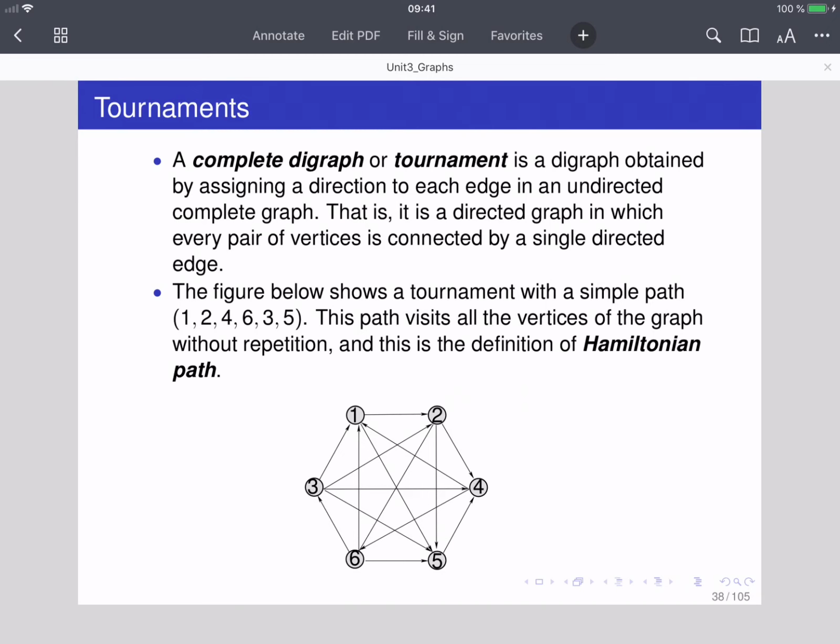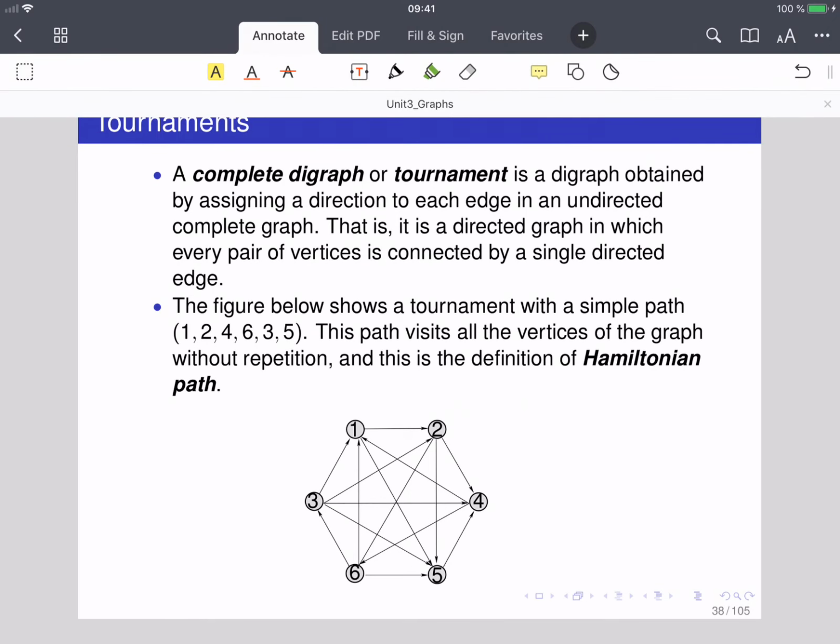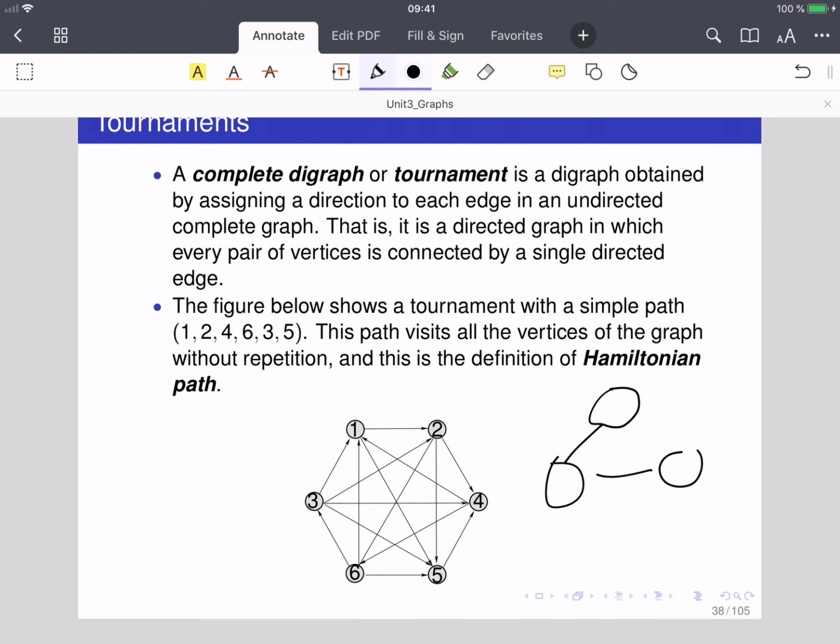For instance, imagine that I consider a very simple graph, like K3. So I consider an undirected complete graph like this one, K3, and then I give direction to the edges in the graph. What I get is a complete directed graph or a tournament.